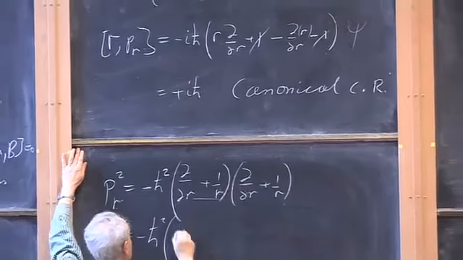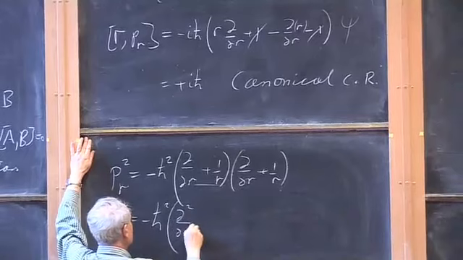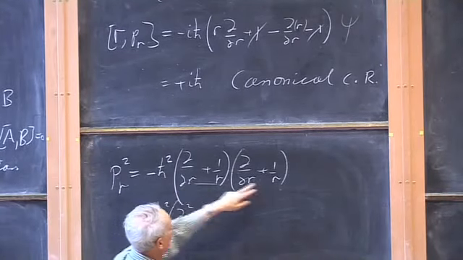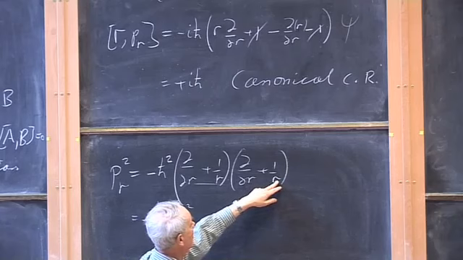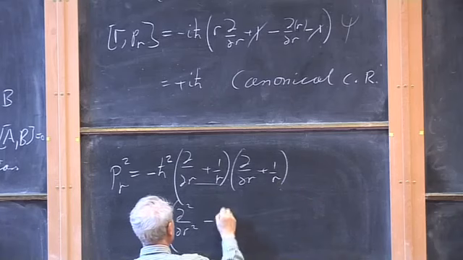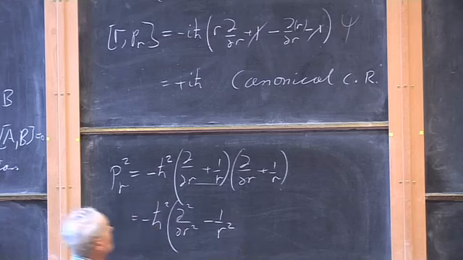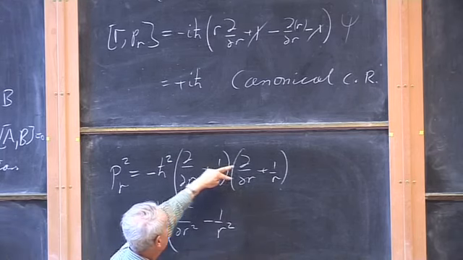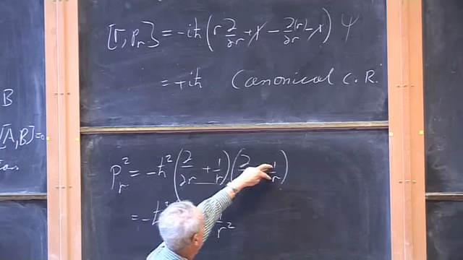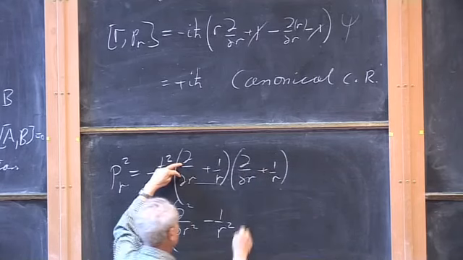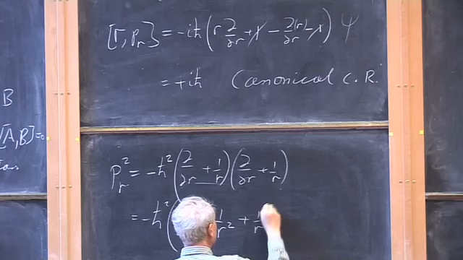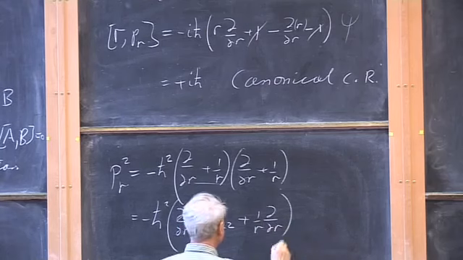Obviously, this on this is d2 by dr squared. We will differentiate that and produce a minus 1 over r squared. We will otherwise get a 1 over r d by dr and also a 1 over r d by dr. So we'll get 2 of 1 over r d by dr.